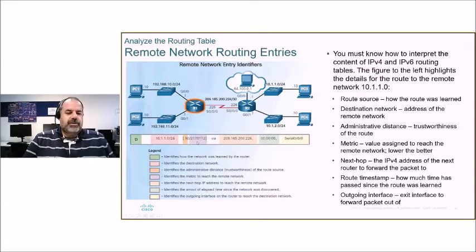This is from router 1, and so that network is over here. So that is the next hop interface. This is how long since I've heard from that neighboring router. So 5 seconds, that's not long. And this is the exit interface for that route.